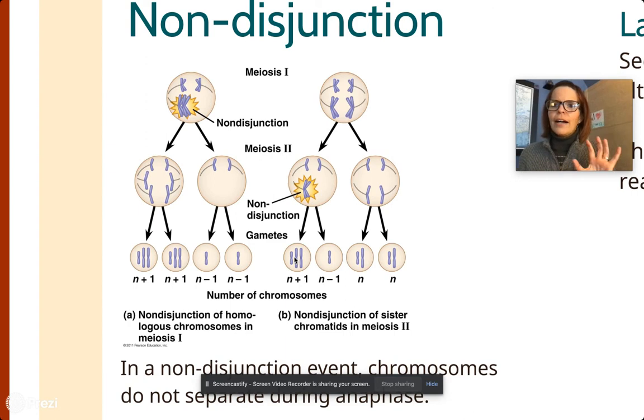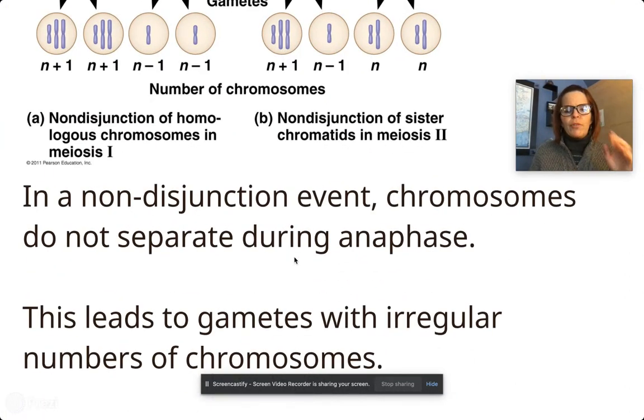But if I have the wrong number of chromosomes in just a tiny number of my cells, that has no impact on my body. So the time that it's really important is when, first, it happens in a sperm or an egg, and then if the embryo is really, really early on in development, so 4 cells, 8 cells, 16 cells, that's when one of these non-disjunctions can really be a problem.